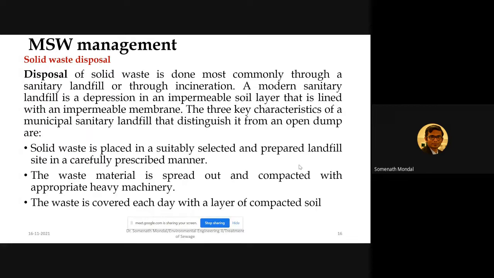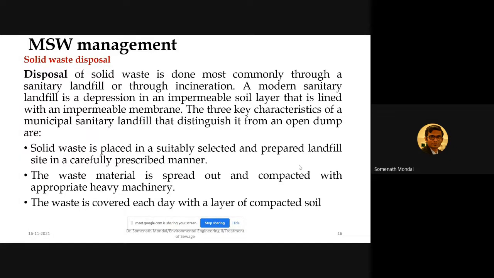It will create less disturbance, because the waste will not be blown away by air. It will not be accessible to stray animals. And then there are several other advantages associated with that, and that is why every day the waste is covered.